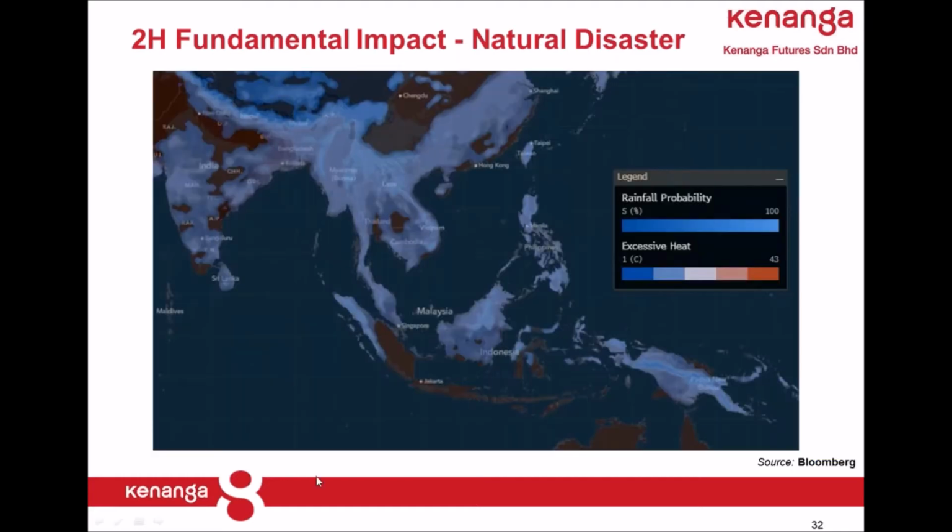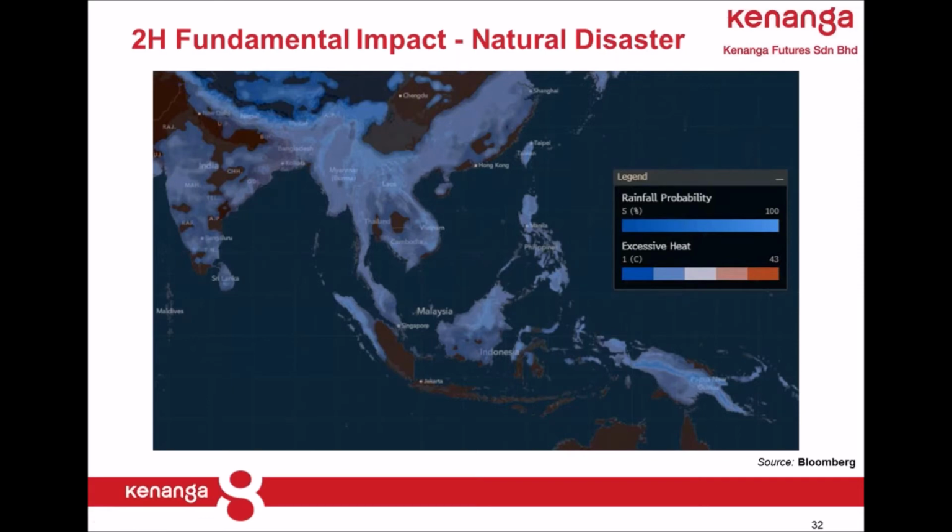Okay, this is the next one. This is the map that I snapped from Bloomberg Terminal, where you can see that we are currently experiencing wet weather. As you can see, the probability of rainfall is still high. This is as of yesterday, and only a small part of this map is having hotter weather. So generally, we are in wet weather conditions.